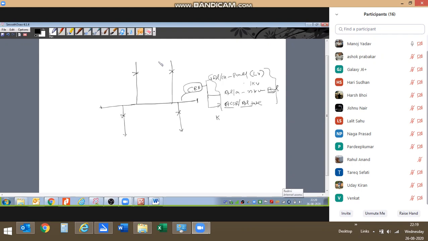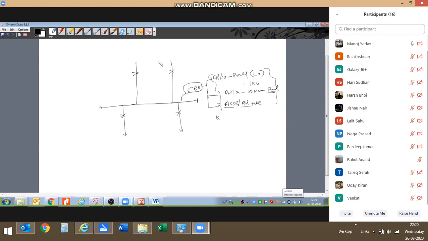But if you are working on the HV, EHV, ultra high voltage, then the bus bar scheme is a very important aspect that you need to study. I think Ashok, you also agree that you asked me for some document for the comparison. Yes, in the CBIP manual that was mentioned. I checked that one.